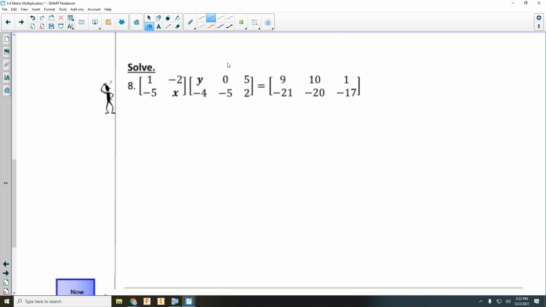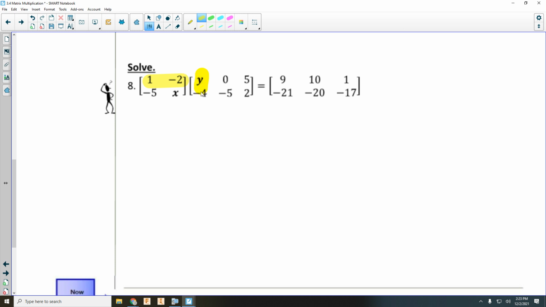Okay, so with variables, what do we got to do? And there's multiple ways to solve it. But what is -1 times -2?